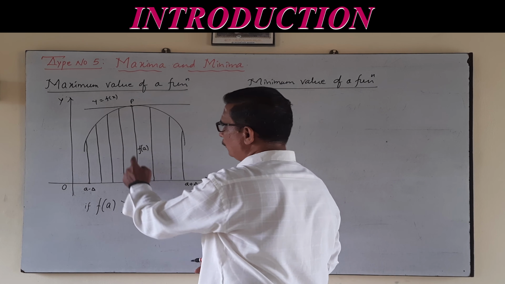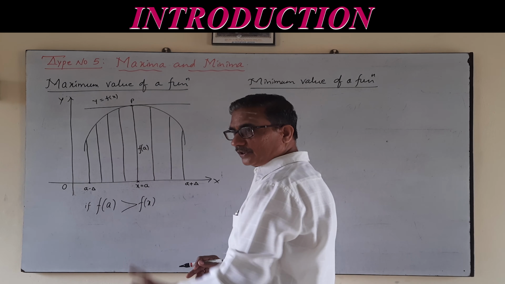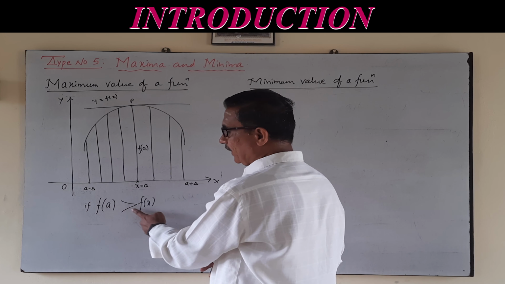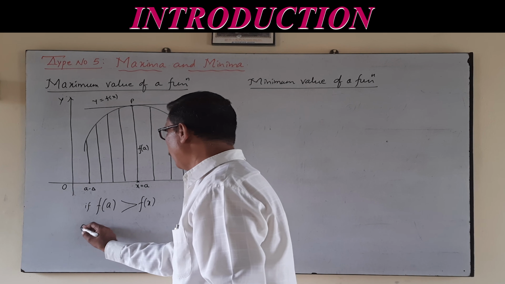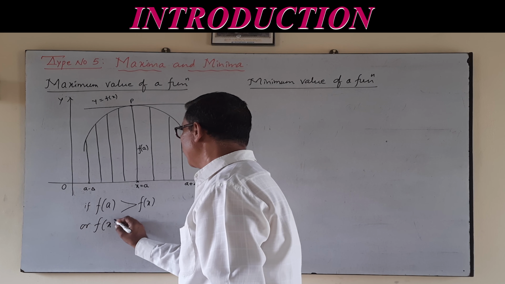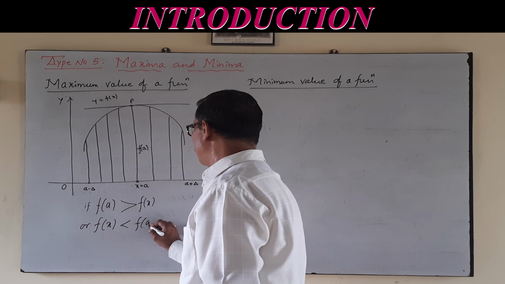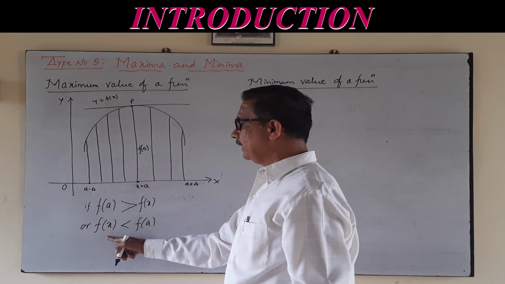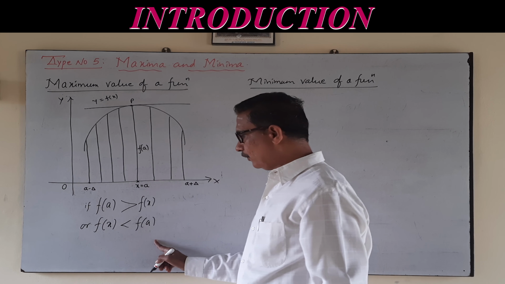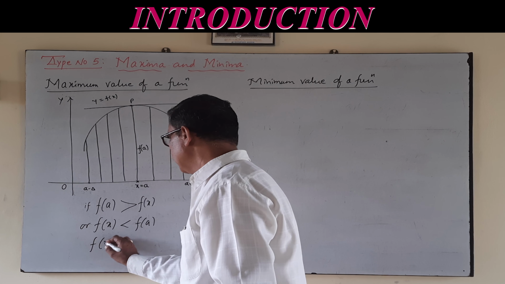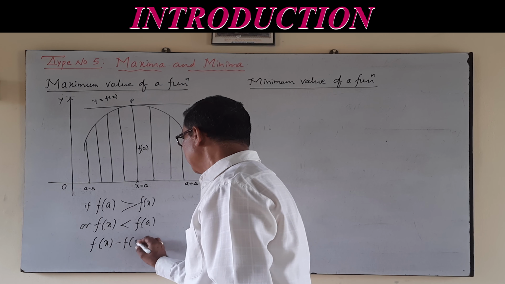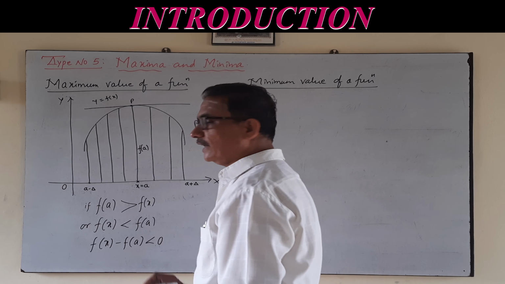This one line is bigger than all the remaining lines. So f of a is greater than f of x, or interchanging, f of x less than f of a. Remove the inequality sign: f of x minus f of a less than 0.